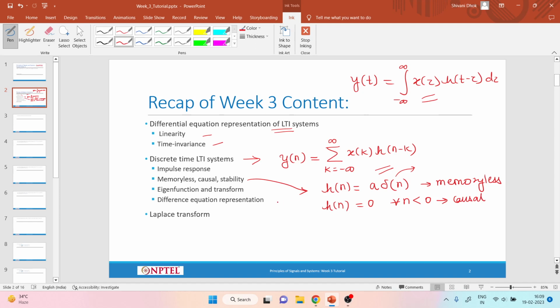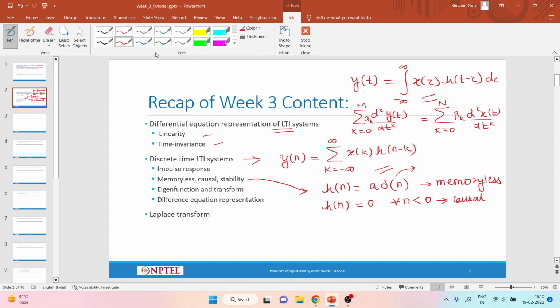And again, difference equation representation was also covered. So for continuous time, it was a differential equation, of this form: summation k running from 0 to m, with some coefficient, let's say alpha k, equal to summation k running from 0 to n beta k d^k x(t) by dt^k.